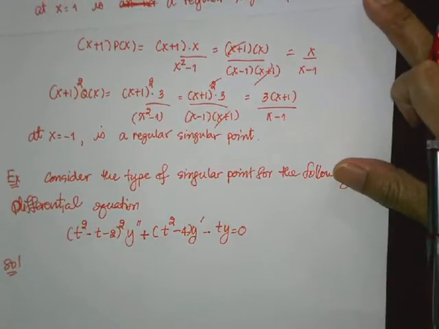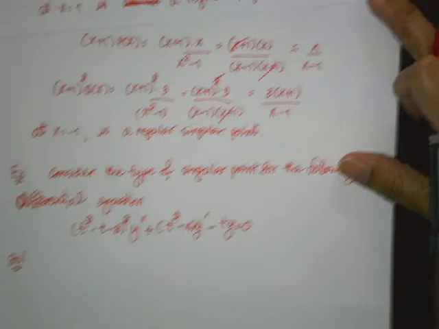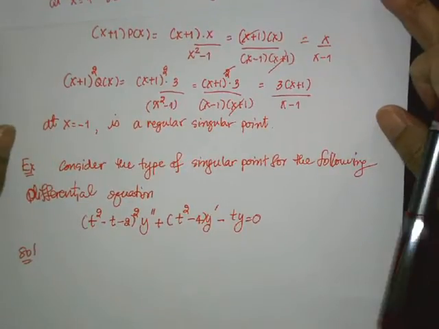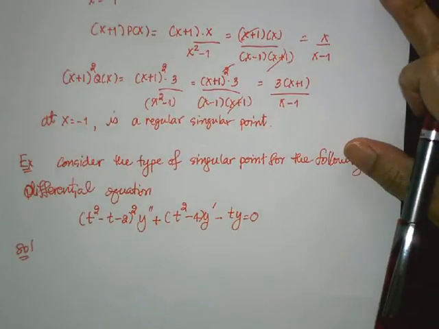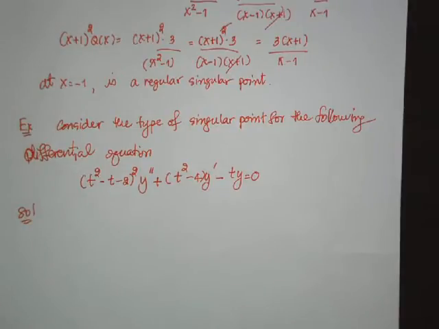Now our independent variable for this problem statement is t. We are going to consider whether this problem has singular points or not. If so, then we get to define what type of singular point we have.